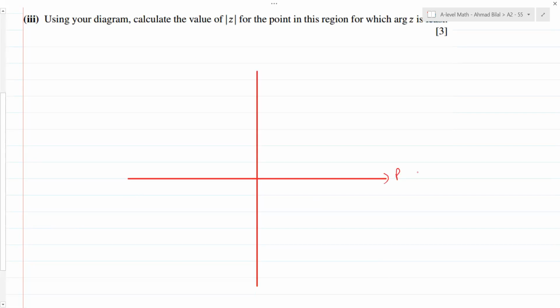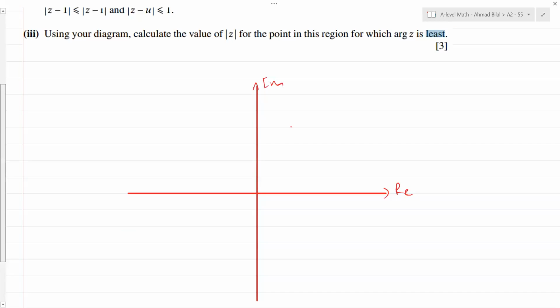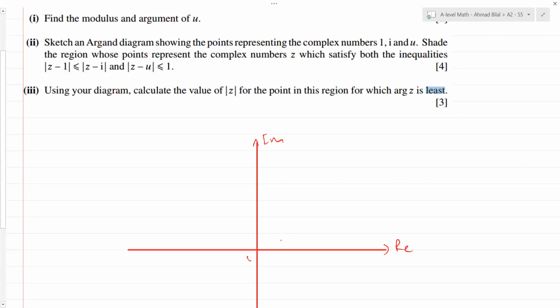We've got the real axis and the imaginary axis. The 3 points that we have are, 1, 2, 3, 4, 1, 2, 3.